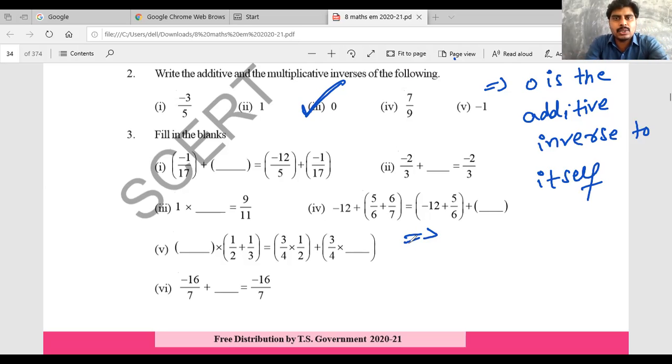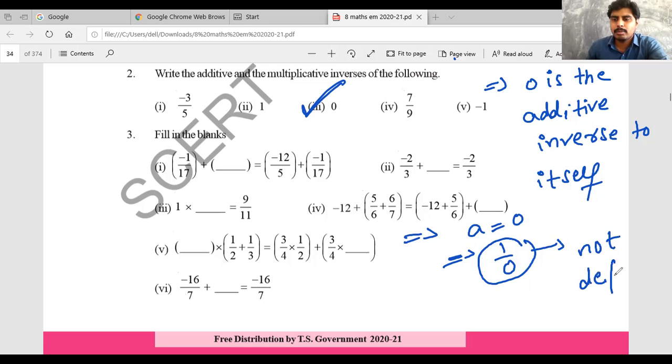Multiplicative inverse of A is 1 by A, right? So our A value is 0. Then what is 1 by A? 1 by 0. Is it possible? This is not defined, right? Because what is the definition of rational numbers actually?